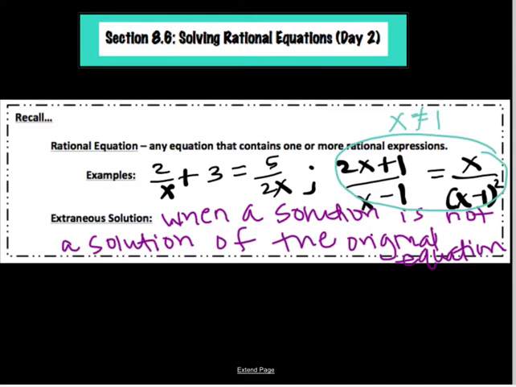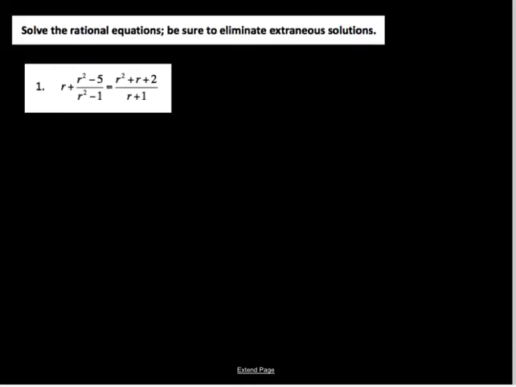Okay, so let's look at the rational equations that we have today. Today they're a bit different in the respect that you're going to have to do some factoring before we go ahead and find our common denominator. So let's just go ahead and look at number 1. If I'm looking at number 1, I would factor this first piece, r squared minus 1.